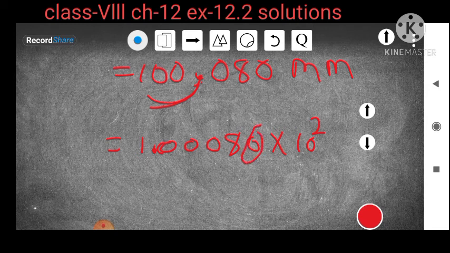After the decimal, if there is a 0 at the end, we can usually skip it. So you can write 1.0008 into 10 to the power 2, because the decimal is moving two places, so the power will be 2.